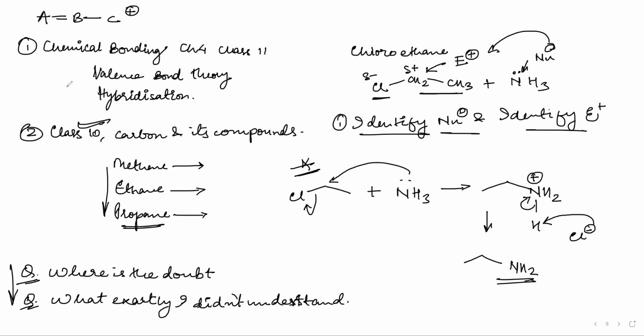Tell me, where is the electron sink? Where is the electron deficiency? On C, that has a positive charge, right? Yes, sir. And where is the electron source?